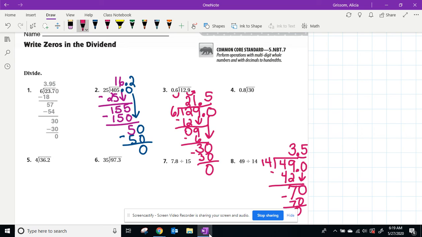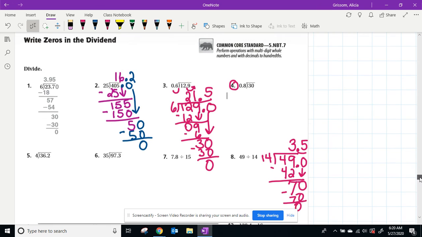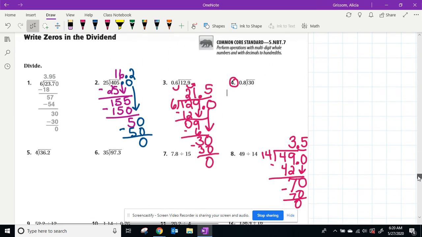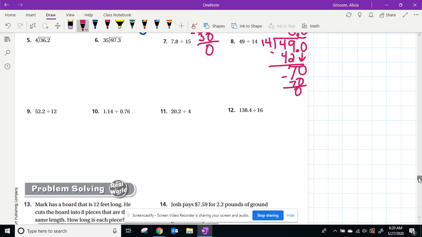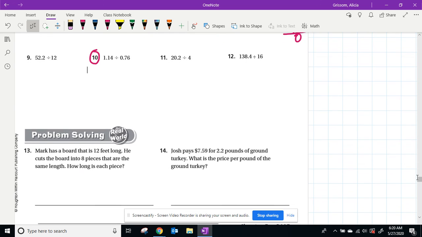Okay? So we want you to follow these same steps to solve number 4, number 10, and number 14.